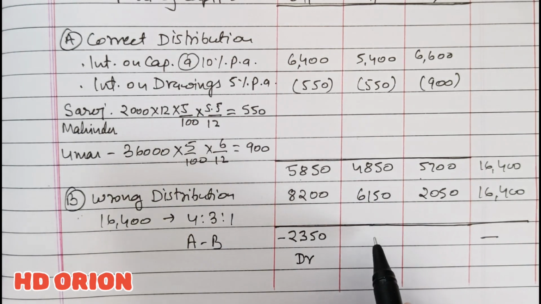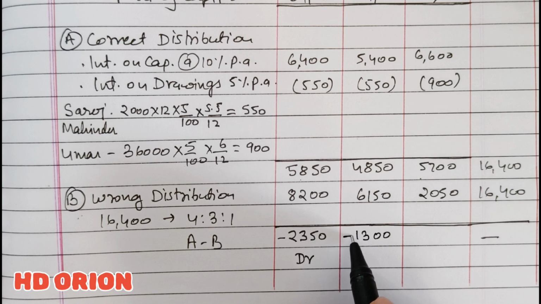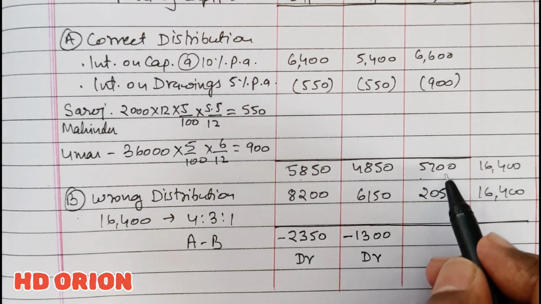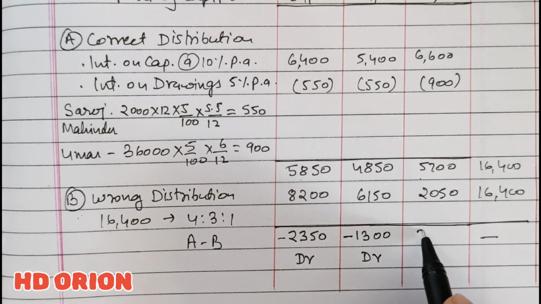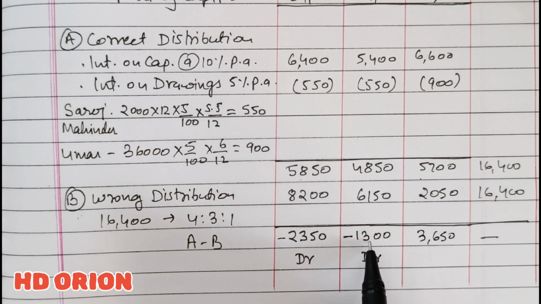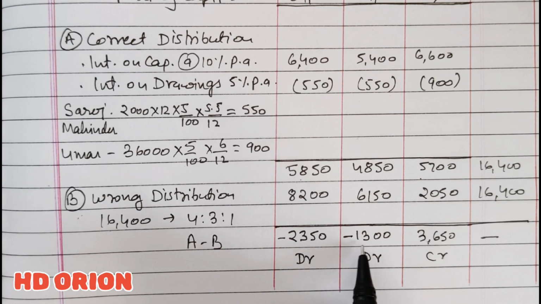And here the difference amount is 1,300 and here also it is negative, so again it is to be debited. But here you see the difference is in positive, 3,650, which is the total of two negatives, and therefore Umar is to be paid 3,650, which will be contributed by Saroj and Mahinder by debiting their capital accounts, and the amount is also known to us now.